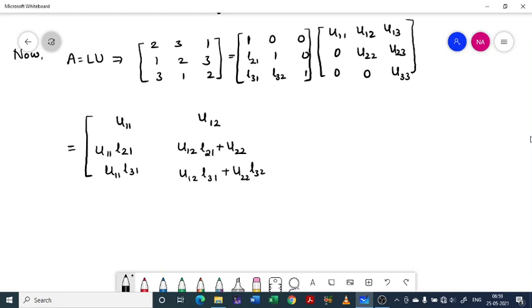Last column: U13, U13 L21 plus U23, and the last entry U13 L31 plus U23 L32 plus U33.